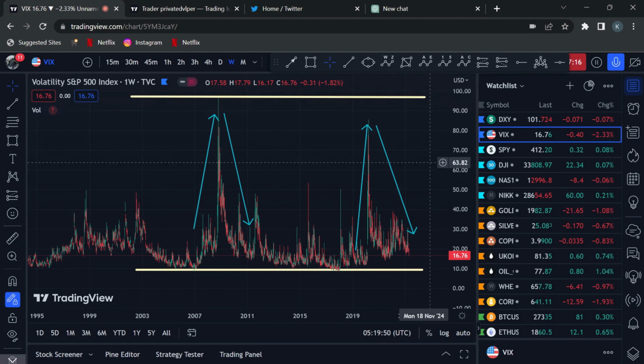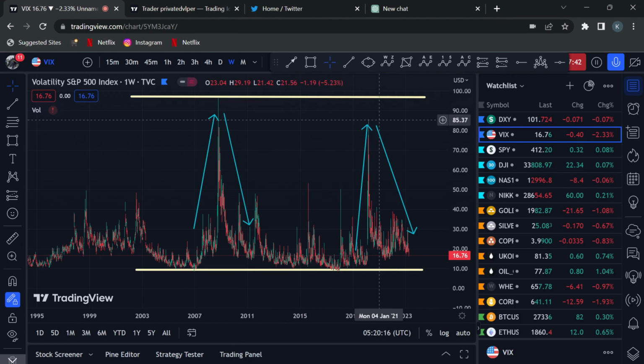But on the other end, when we are at very high levels, these are extreme levels. So you can see in August we hit 86. During the 2008 financial crisis we hit 89, 97 I mean.